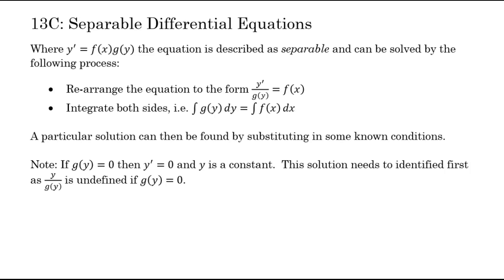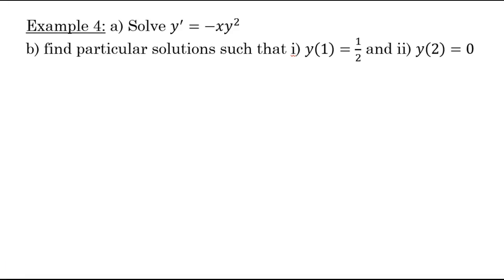In that case, that will make the derivative equal to 0, and I take that out as a constant solution. I look at that one first, hold it off to the side, and treat it as a separate case. That way I avoid the problems with dividing by 0.